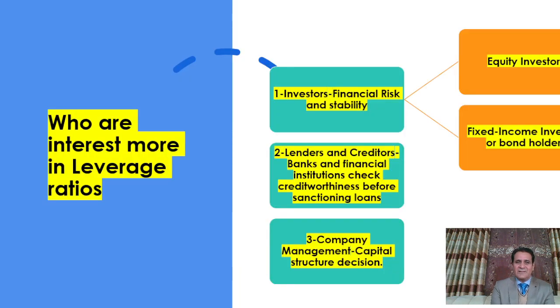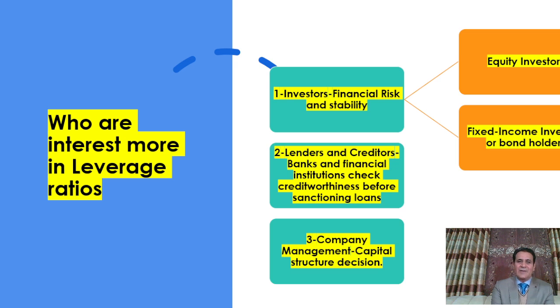Who is more interested in leverage ratios? The first are investors, because they want to assess financial risk and stability. And investors are of two types: equity investors, and fixed income investors or bond holders. The second party interested in this ratio is lenders and creditors. Banks and financial institutions check creditworthiness before sanctioning loans.